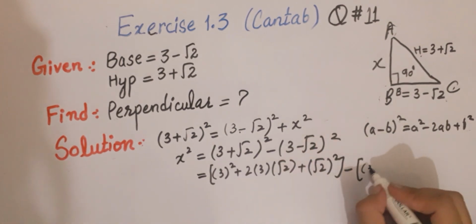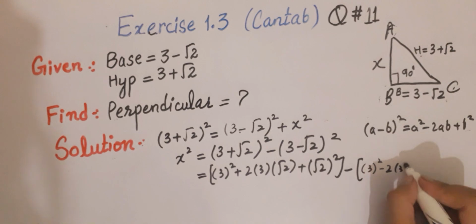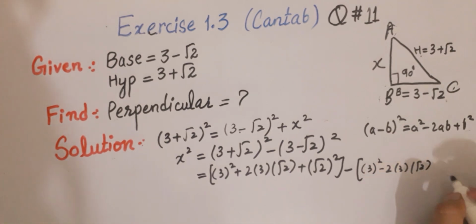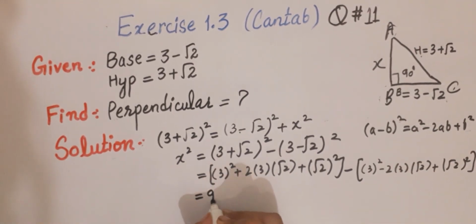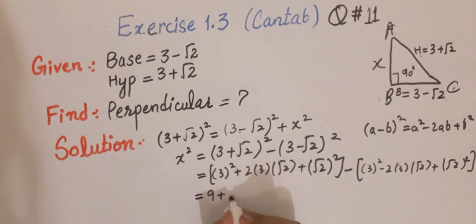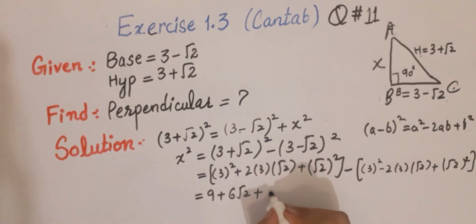So 3 square minus 2 into 3 square root of 2 plus square root of 2 square, which is equal to 9 plus 6 square root of 2 plus 2, this square root and square will cancel.